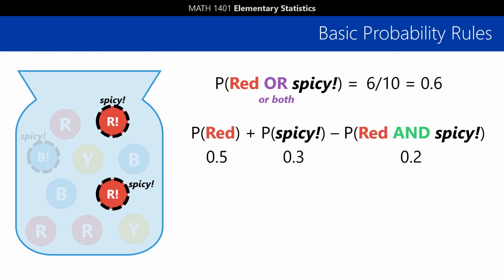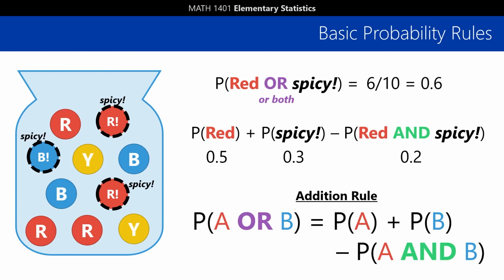This is an example of another very important result called the addition rule. It tells us that if we have 2 events A and B, the probability of A or B can be found by adding probability of A plus probability of B, but then subtracting probability of A and B to deal with the overcounting.